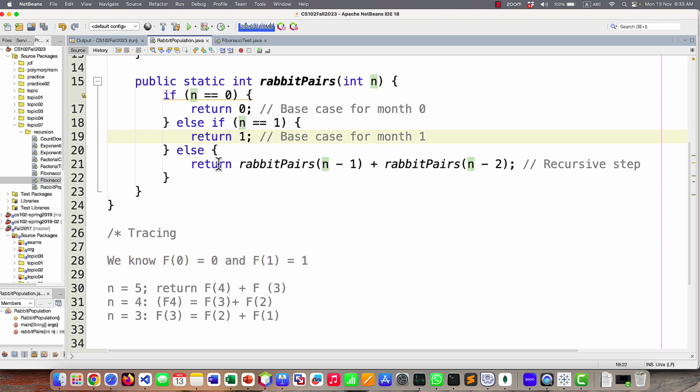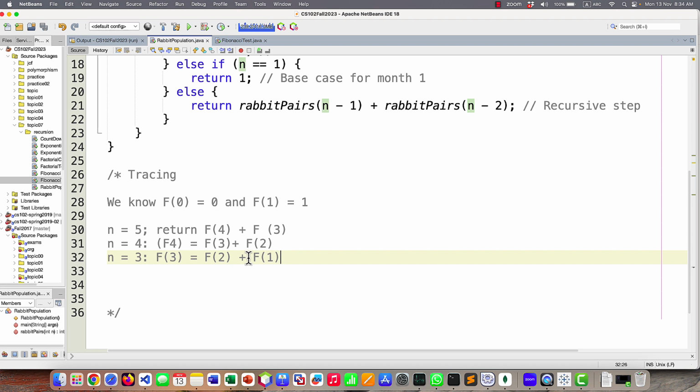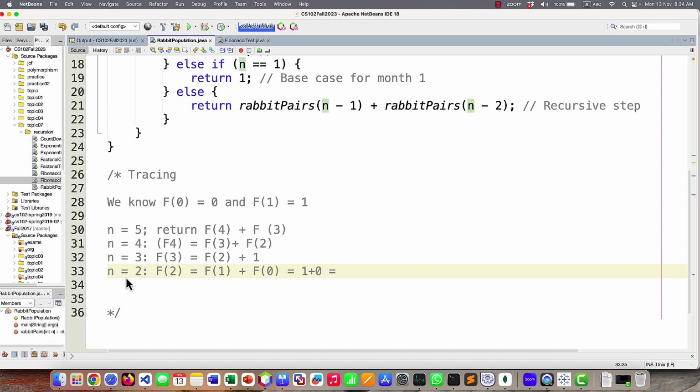Clear? Okay, so now f1 we know. We can replace this by 1, but still we don't know f2. So I'm going to calculate now n equals 2. F2 equals F1 plus F0, so F2 will be equal to 1 plus 0 equals 1.